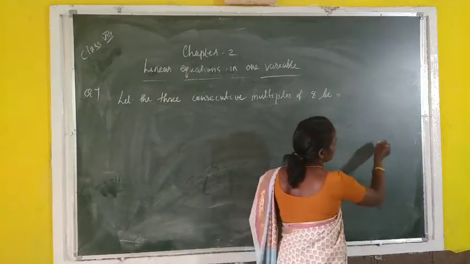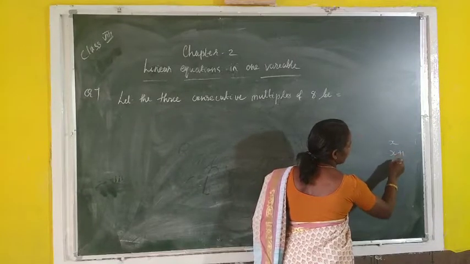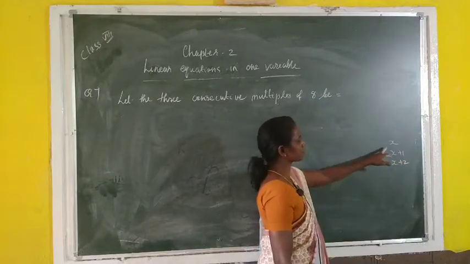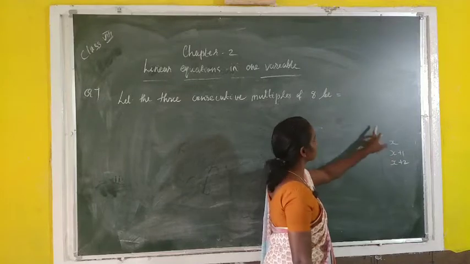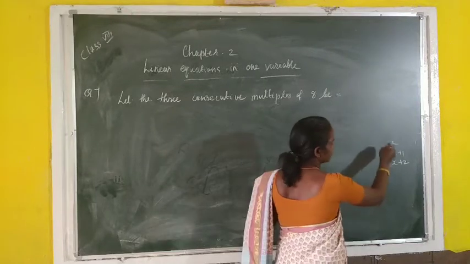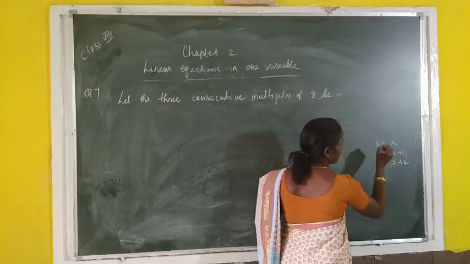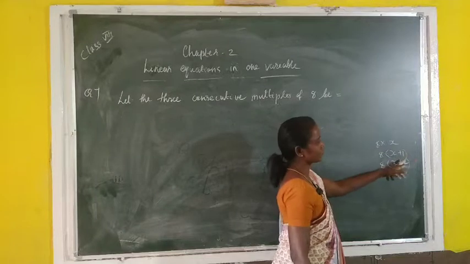Here we take x, x plus 1, x plus 2. These are 3 consecutive numbers. So multiples of 8 means each number is multiplied by 8. First number, second number, third number.